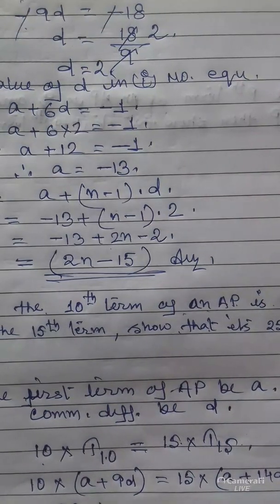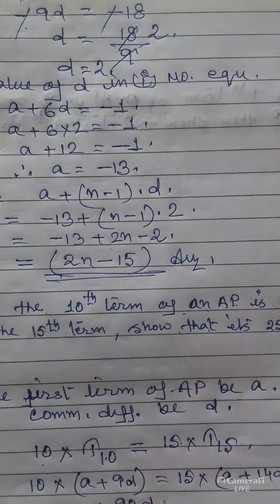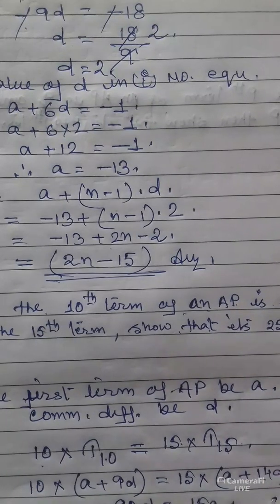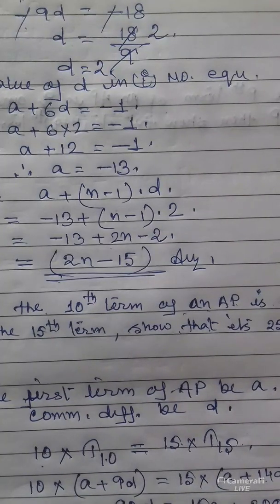Now 10A plus 90D equals 15A plus 15 into 14D, which is 210D.